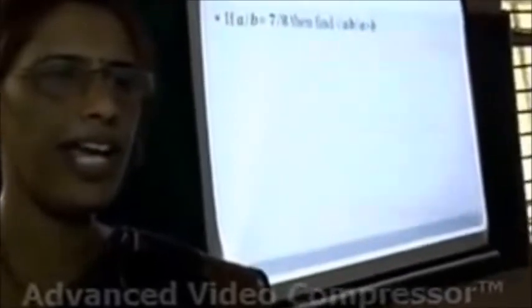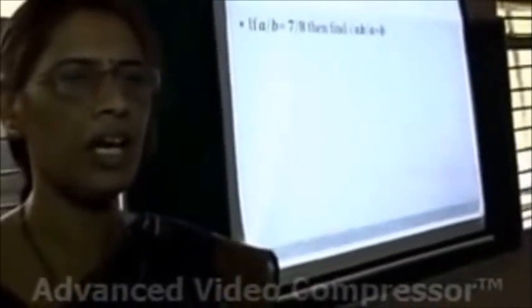If A upon B is equal to 7 upon 8, then find the value of square root of AB upon A plus B. We have seen the definition of mean proportional; solve this activity and find the values of A, B, C, D.